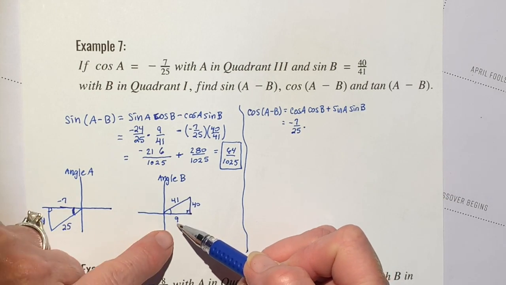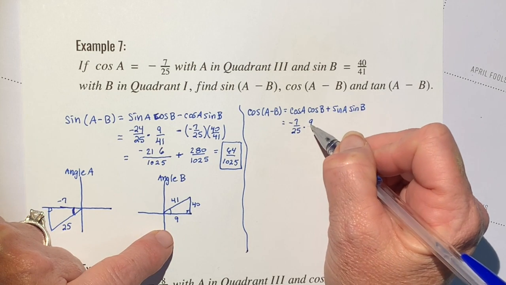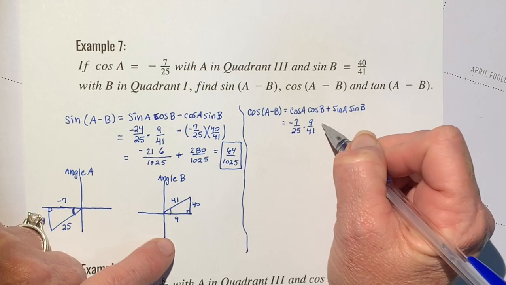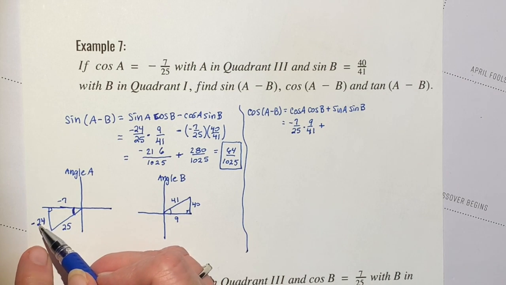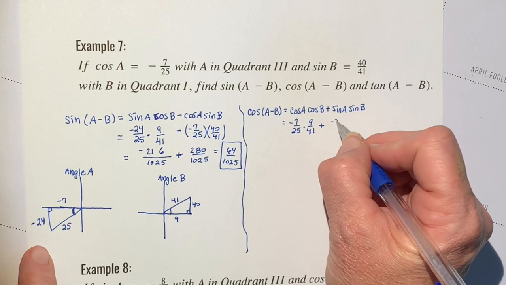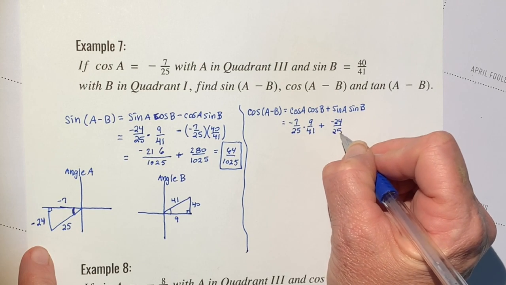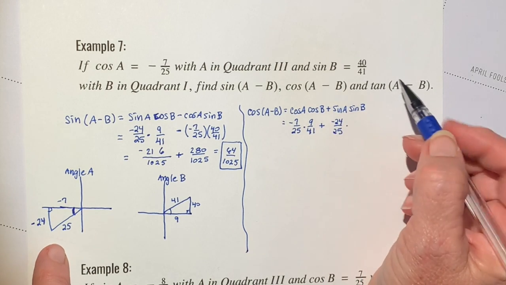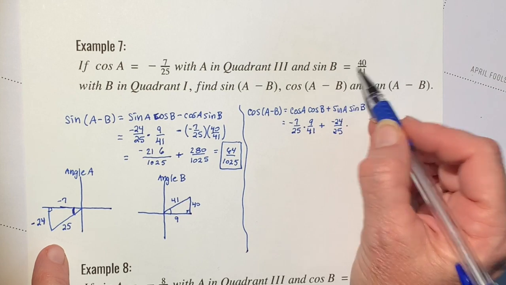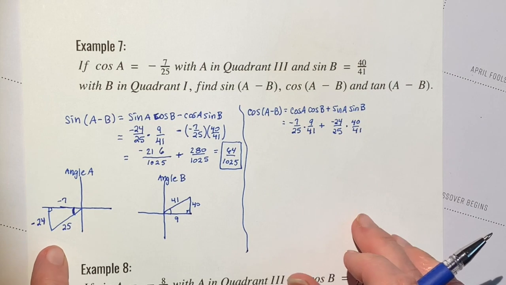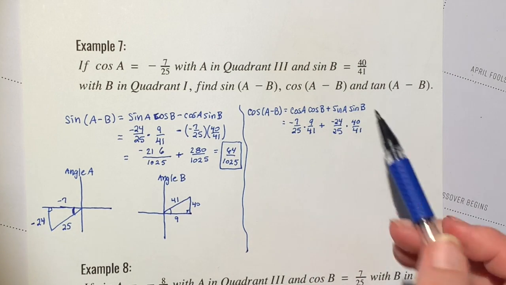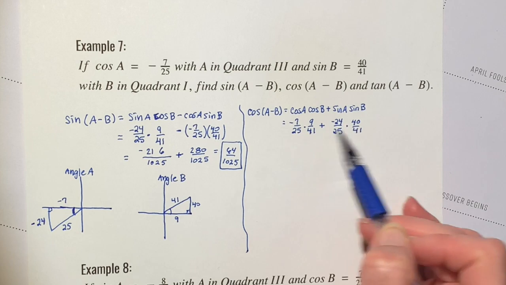Cosine of B, adjacent over hypotenuse, 9 to 41. Plus sine of A, don't know it, but I can find it. Opposite to hypotenuse, negative 24 over 25. And sine of B, that's given to me, 40 to 41. All right, and so basically it's again a little bit of calculation here, multiply the fractions together and then add them.